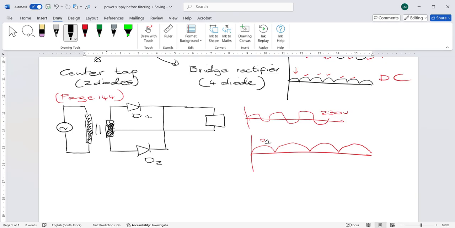And this one, D2. D1, D2, meaning that they keep on switching places.